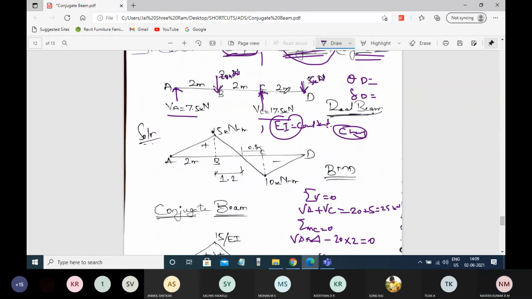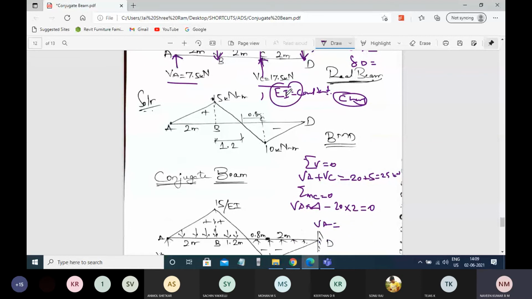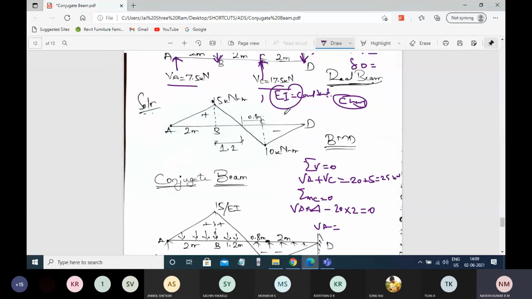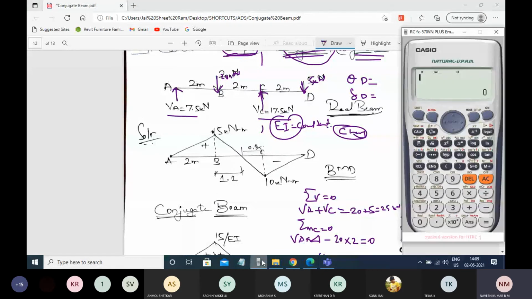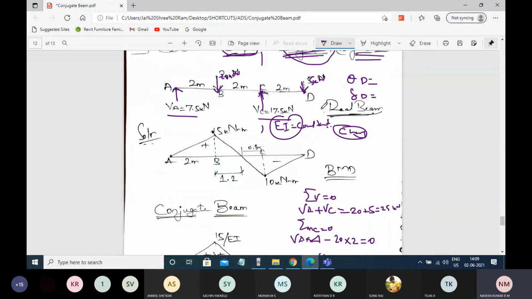Just check the load. Yes, so this particular one we are missing.